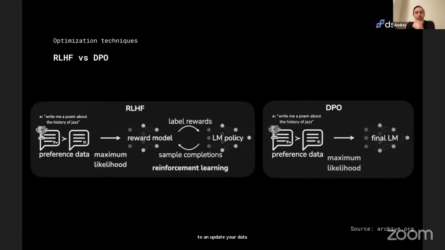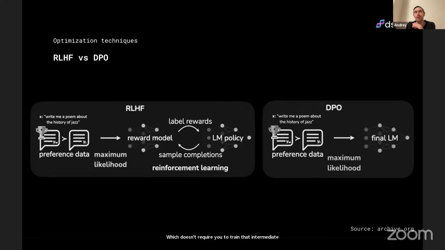Also important to mention another relatively new method called DPO, direct preference optimization, which can be an alternative to reinforcement learning. It uses a different algorithm, which doesn't require you to train that intermediate model.